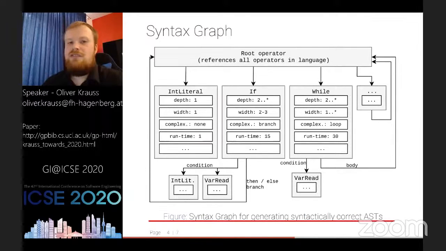So how this operator graph extends this concept, you can see here in these boxes, which is that you add metadata to it. For example, what's the minimum size I can generate in different concepts? Or what is the McCabe complexity of the code that's coming out? So none, or is it branching, or is it a loop?